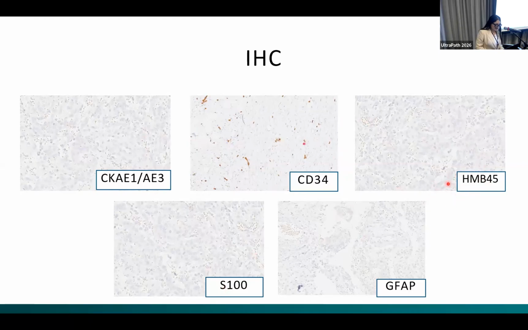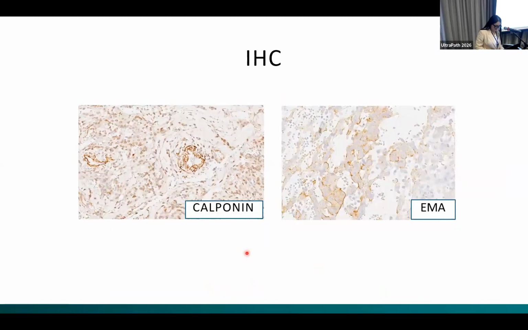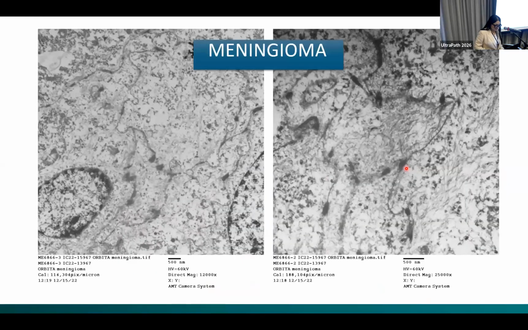Another possibility was excluded because of the GFAP. This entity was positive for caldesmon, but also for EMA. So that's why we decided to perform the ultrastructural studies.